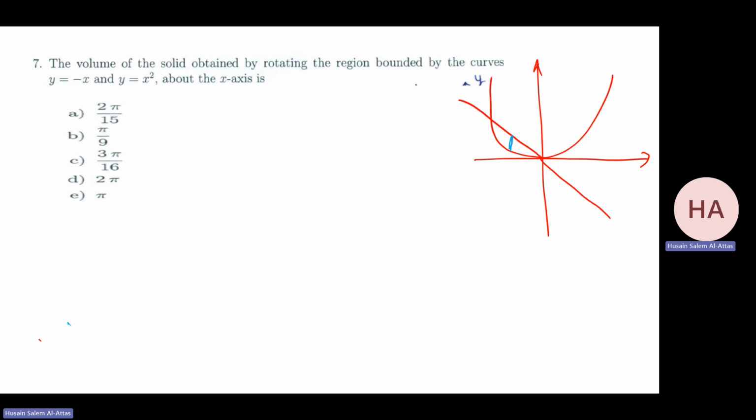And rotation about the x-axis. It's rotating about the x-axis. So this is the upper, and this is the lower, to get this. Can you think about it like this? This one minus this one to get this one.